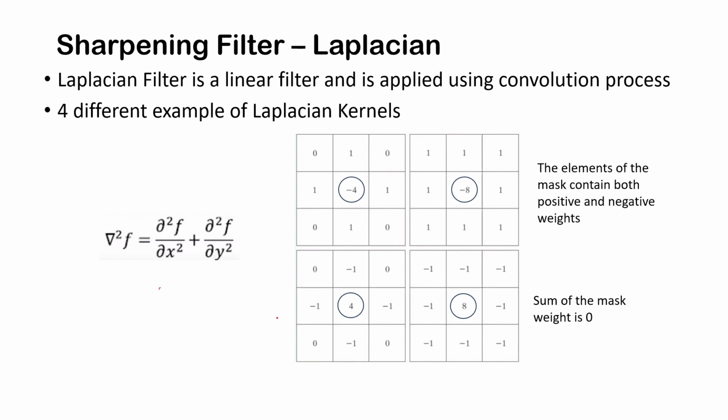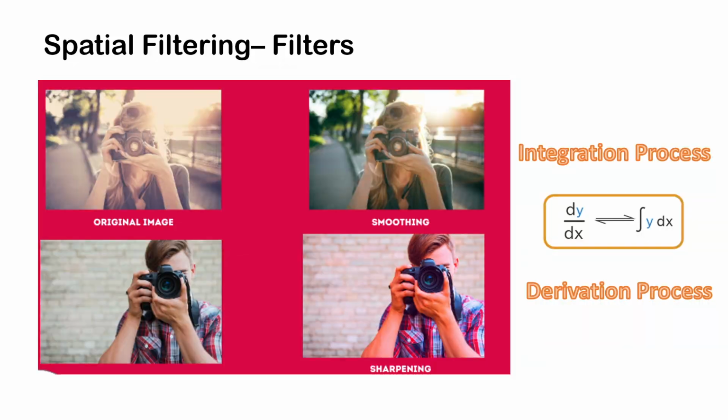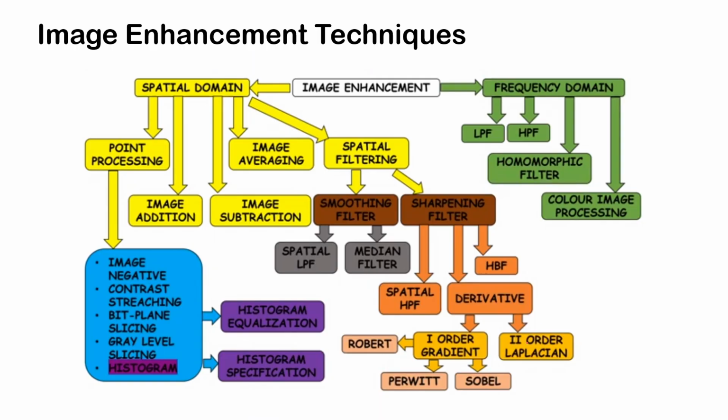The first one is the Laplacian, and then the second one is the unsharp masking, after which we have the high boost. This is nearly the same, but just the coefficient is a bit different. All right, so I think that's all for the sharpening lectures. This is the Laplacian.